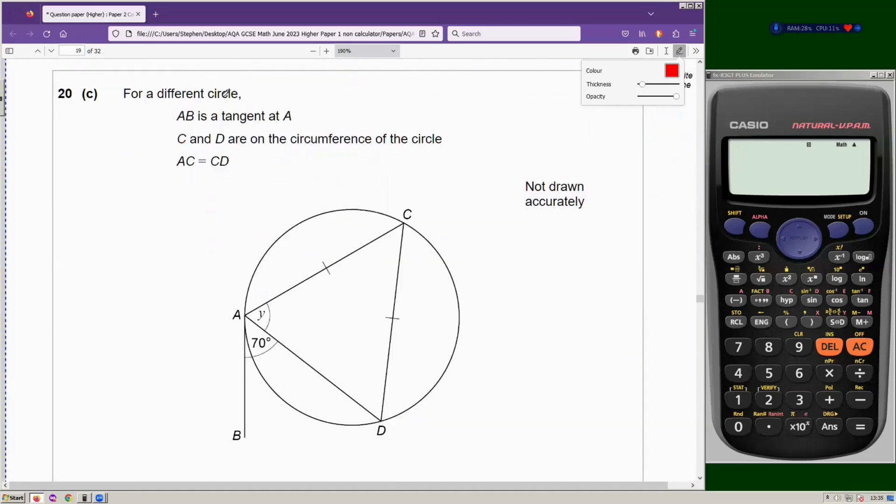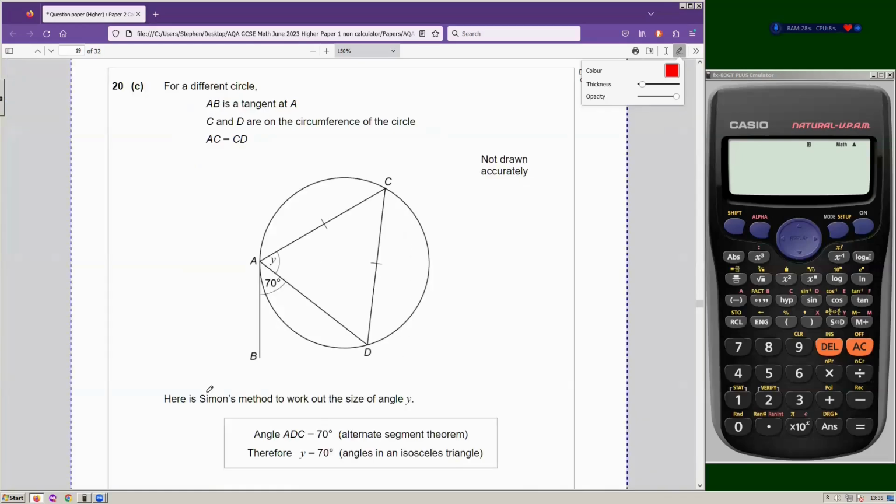For a different circle, AB is a tangent at A. C and D are on the circumference of the circle. AC equals CD.